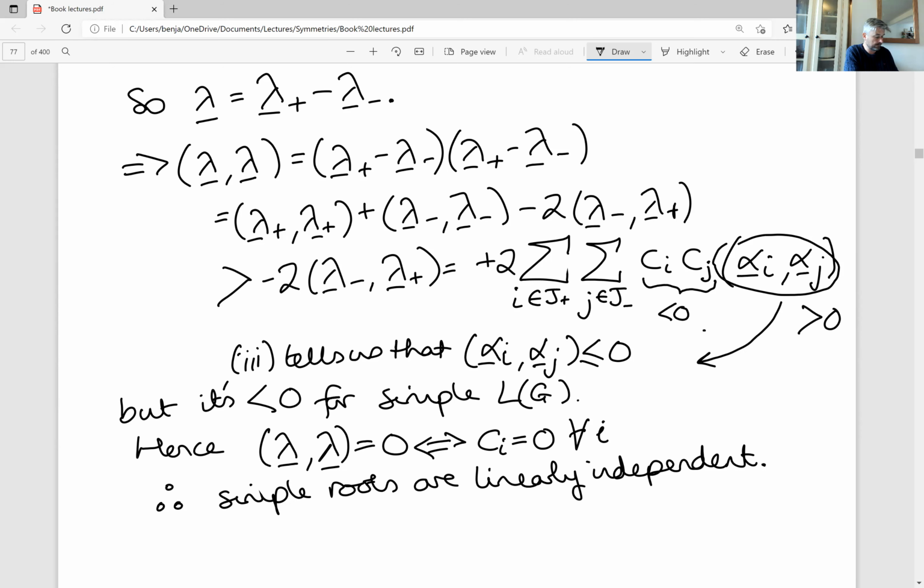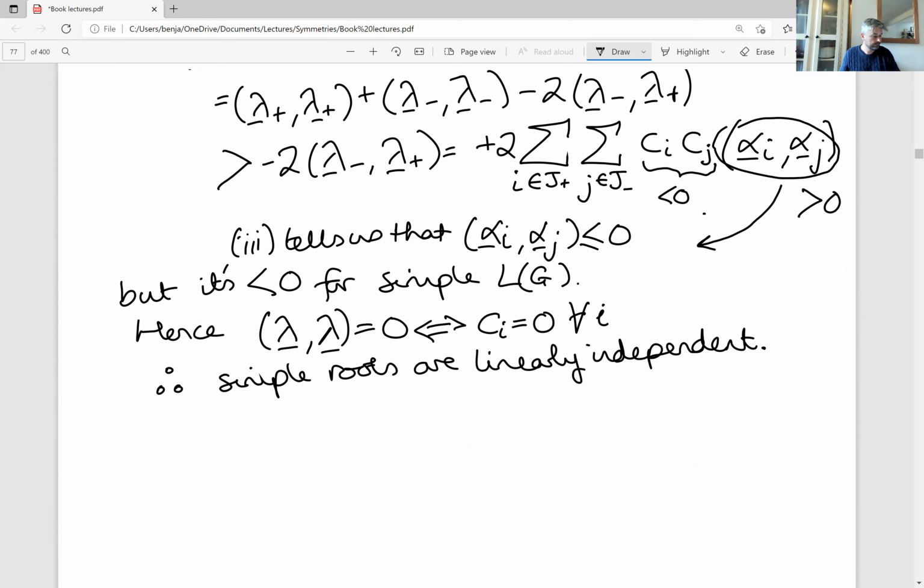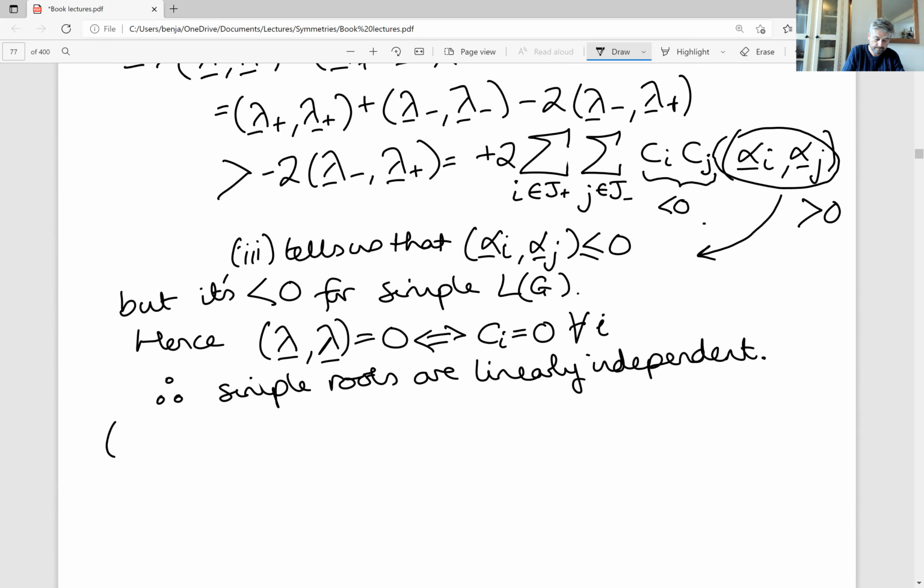Okay, we have one more property, property 7. Property 7 is that there are exactly r simple roots. So remember, this is the rank of the Lie algebra.